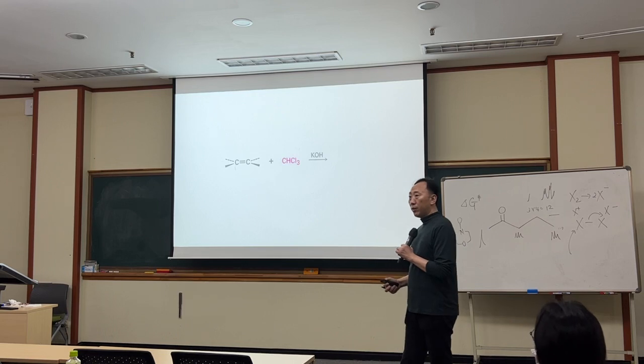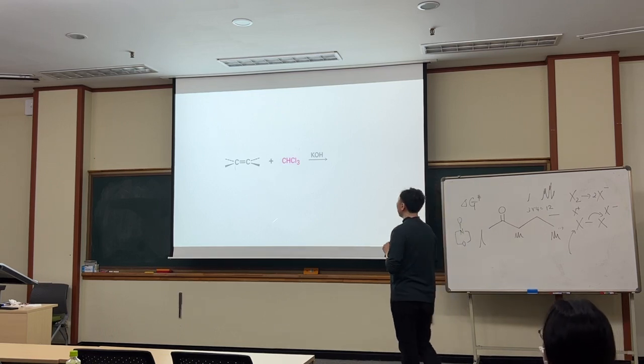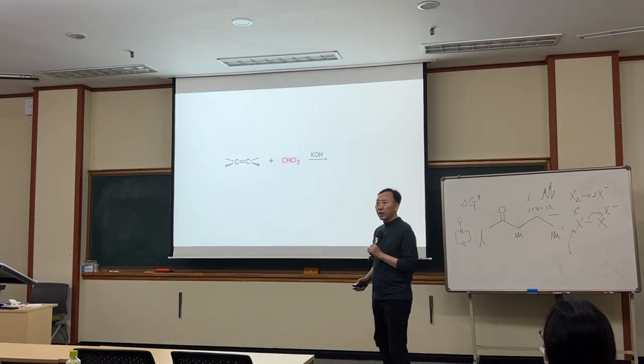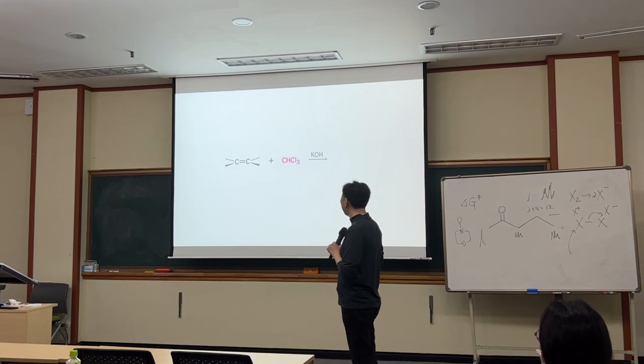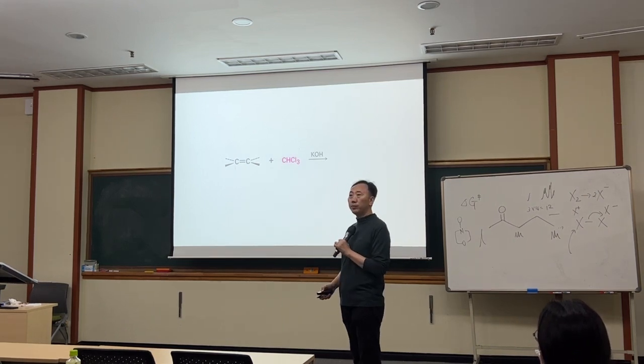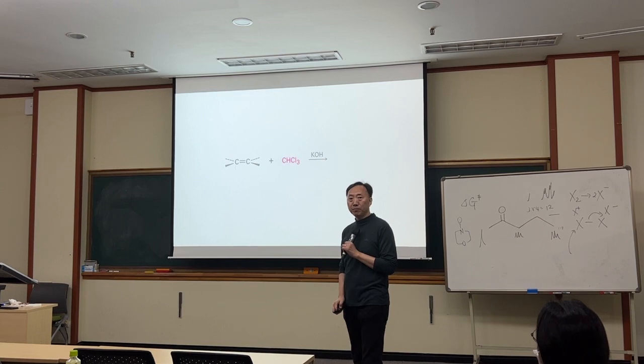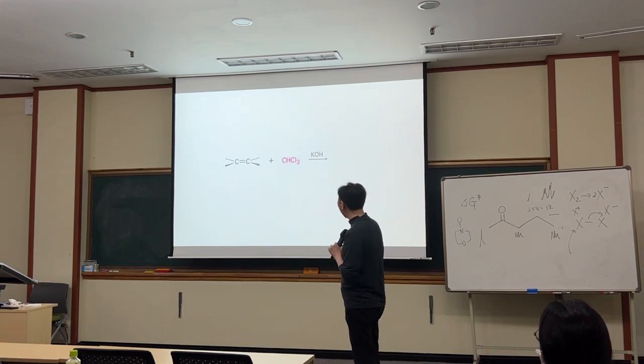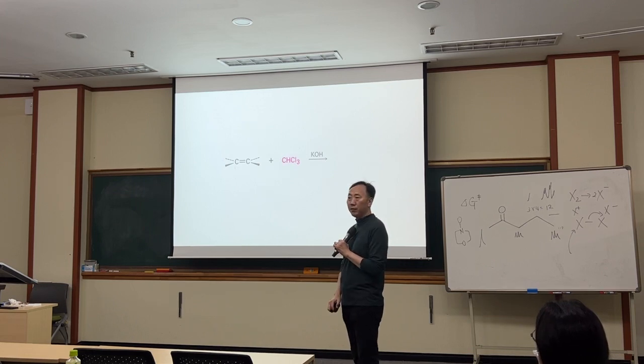Now this reaction is quite interesting. Chloroform and a strong base. Chloroform has three chlorines, which are electron-withdrawing groups, and this proton is quite acidic. So a strong base can capture that proton, and then CCl3 minus is formed.